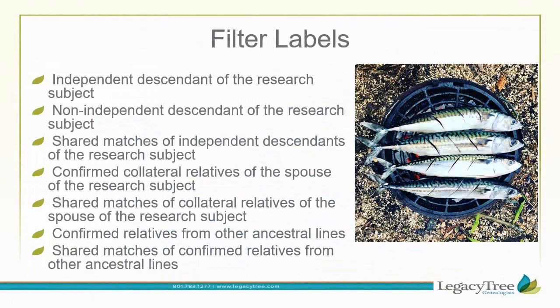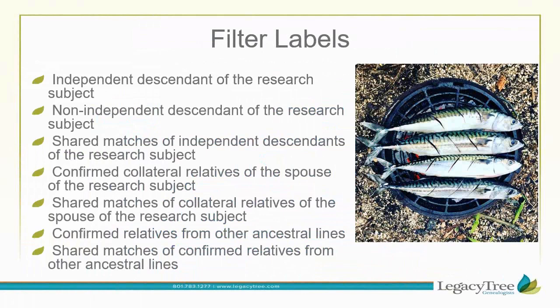What these filters allow you to do is to identify and sort and filter, not just by inclusion, which is kind of what we're doing with this fishing approach, right? We take independent descendants, we collect all of their shared matches. We analyze those people, identify additional independent descendants, we collect all of their matches. That is sorting by inclusion, right? We're including all of these people.